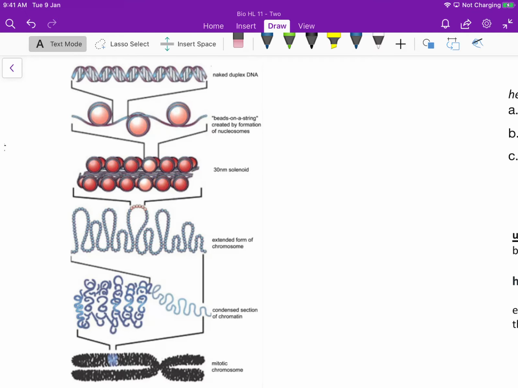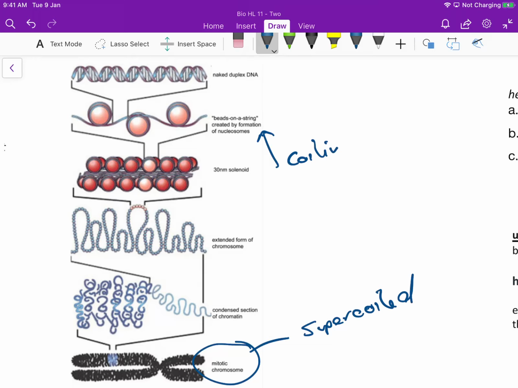But thinking about how DNA is, we need to consider what has to happen before any copying can happen. If it was a chromosome, it's all supercoiled, and it would only do this during mitosis. But afterwards, it could still be a bit coiled up. There could be some coiling of the DNA.